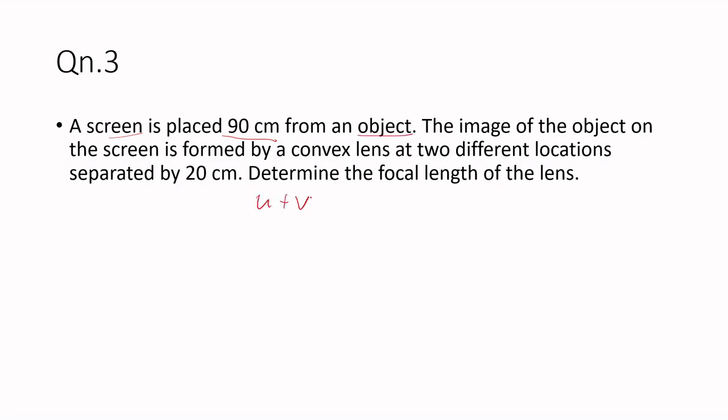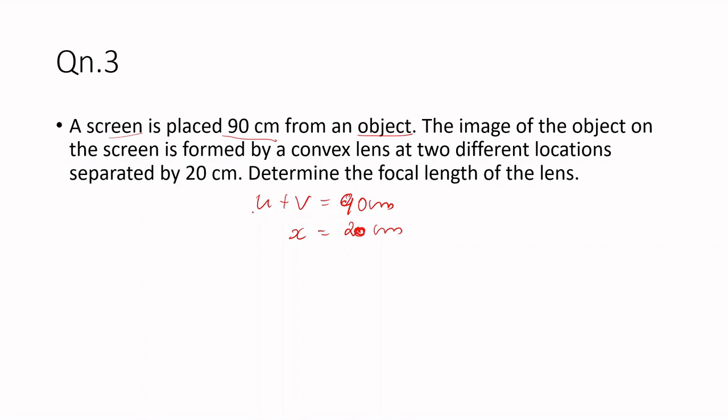That means u plus v is equal to 90 centimeters. The image of the object on the screen is formed at two different locations separated by 20 centimeters. Let us imagine it as x between the two images. The distance is given as 20 centimeters.